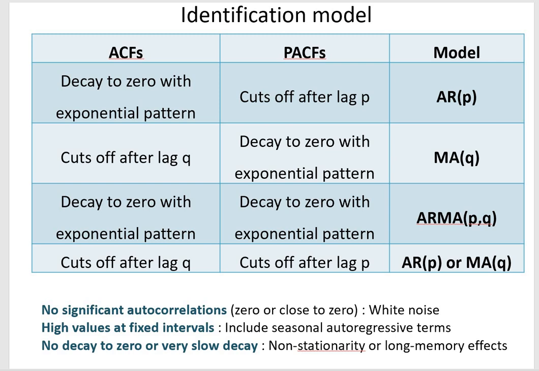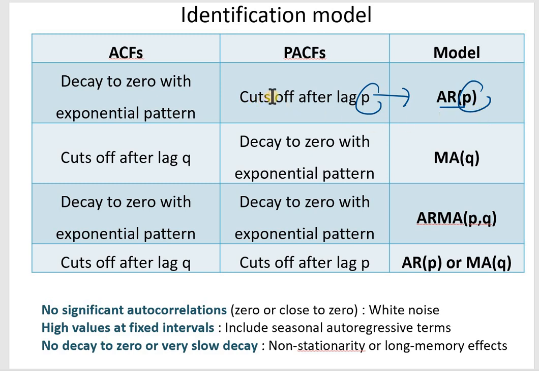This is the general guideline where we can identify the Box-Jenkins model by using the ACF and PACF plots. We need to refer to both plots, then we propose the tentative model. First, if the ACF decays to 0 with an exponential pattern and the PACF cuts off at lag p, this indicates that the model might be AR of order p.